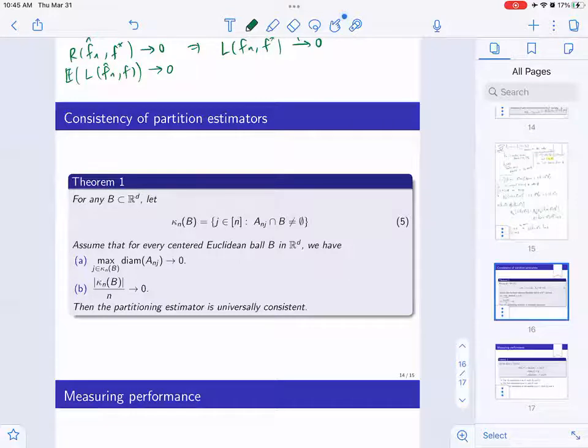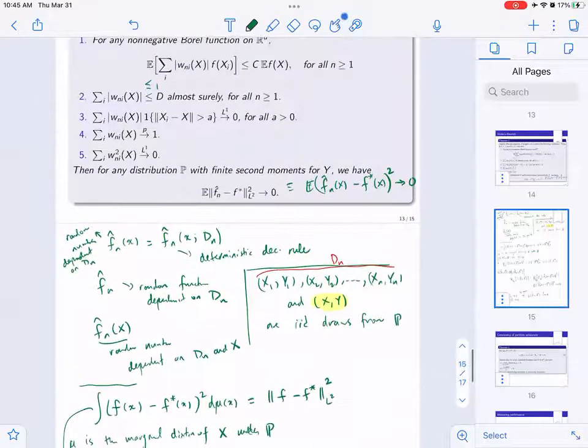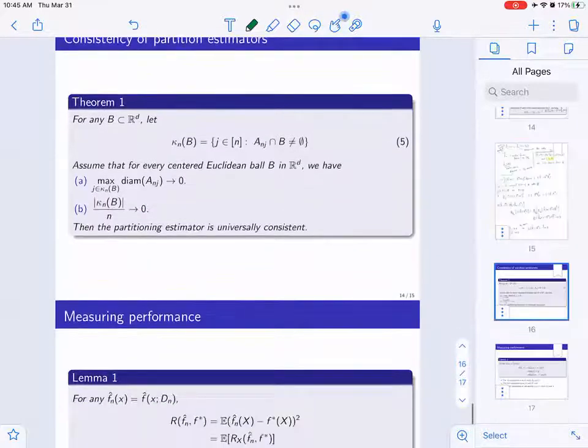Here is the result that we get for the partitioning estimator. Those two technical conditions that I mentioned translate into these two statements. Let's say for any ball or any set, the idea is that I have a big set that covers a lot of these partitions. I don't want to talk about all the partitions.